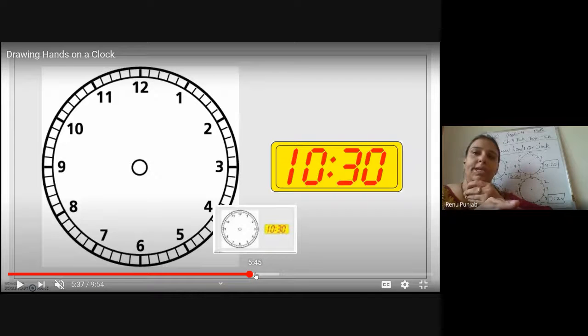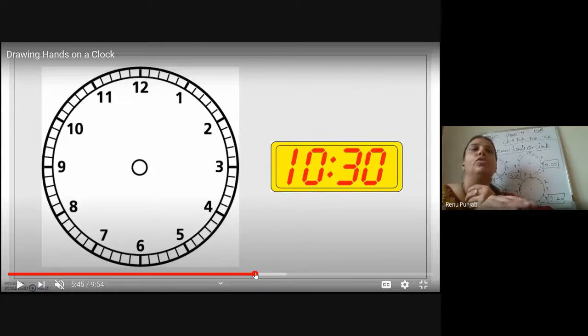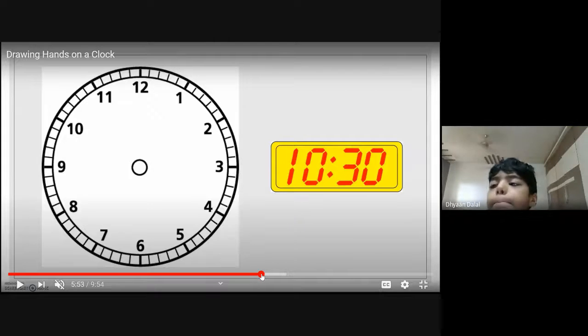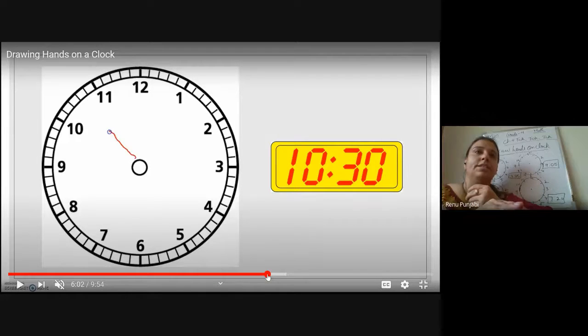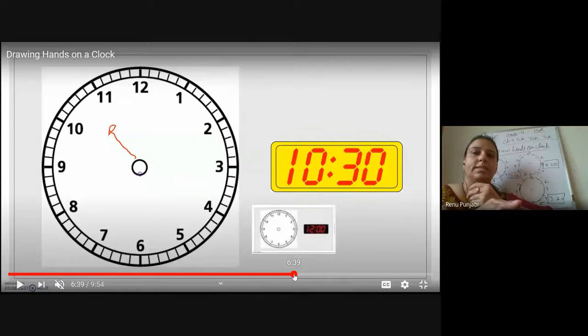Okay, it will be exactly between, not closer to 11 or 10, because it's exactly 10:30. When it moves towards 35 and 40 minutes, then it will go closer to 11. Clear? See, now it is exactly between 10 and 11, and the minute hand will be on 6.